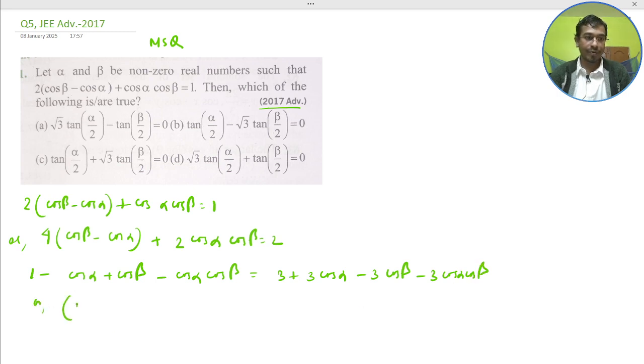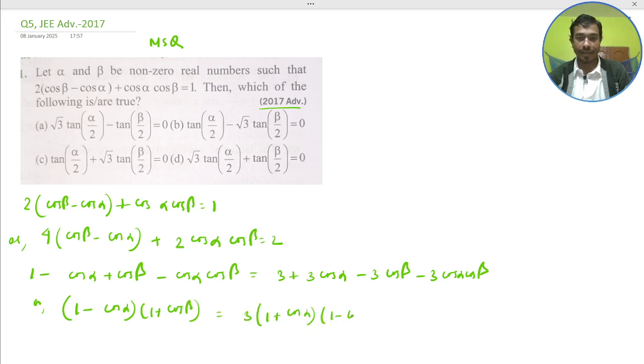So it would become (1 minus cos alpha)(1 plus cos beta) equal to 3 into (1 plus cos alpha)(1 minus cos beta).